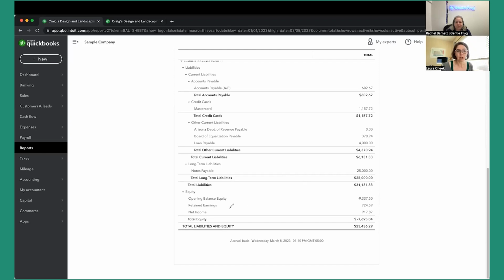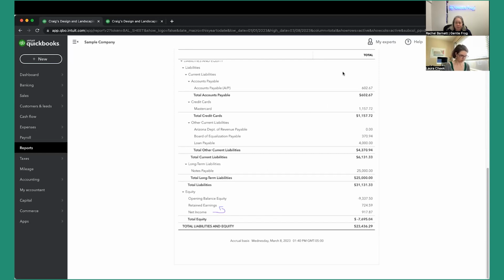Retained earnings is all of the net income or net loss for all the years that you've been in business, not including the current year. Your very first year in business, like most of us, had a loss. So on 12/31 of last year, whatever that number was, it was chilling out down here in net income. And then January 1st, it scoots itself up into retained earnings.